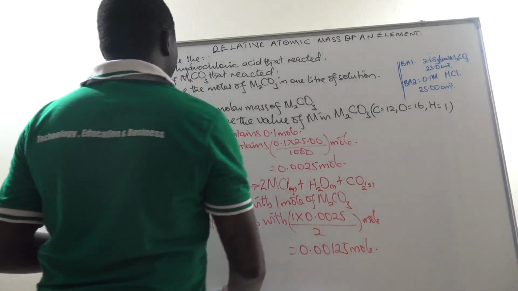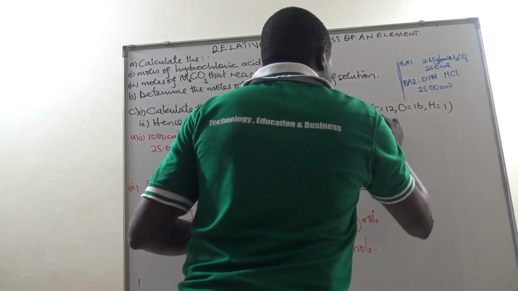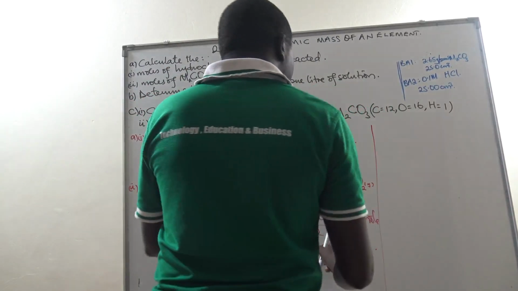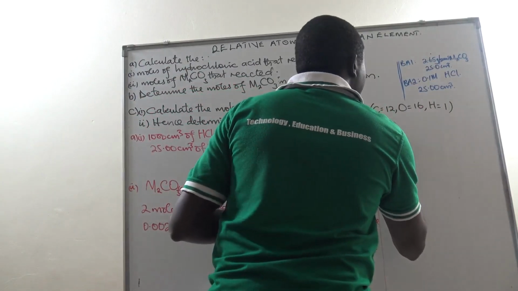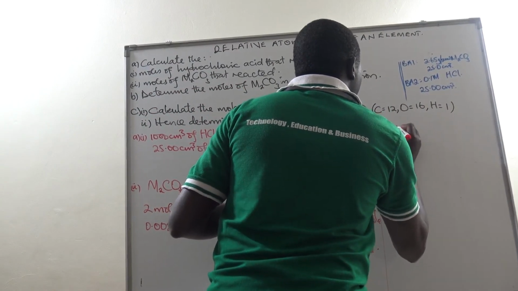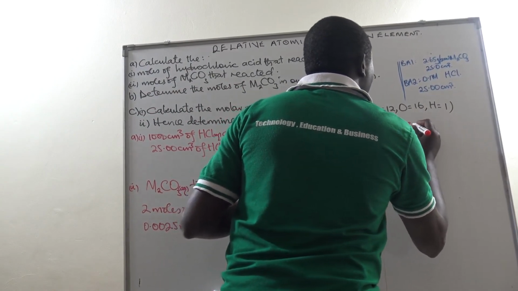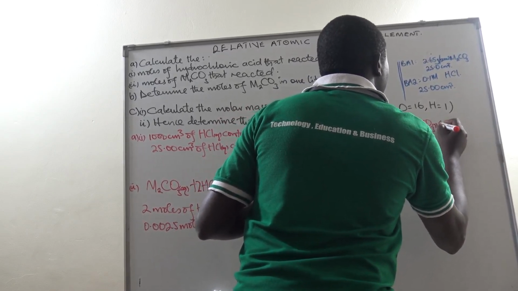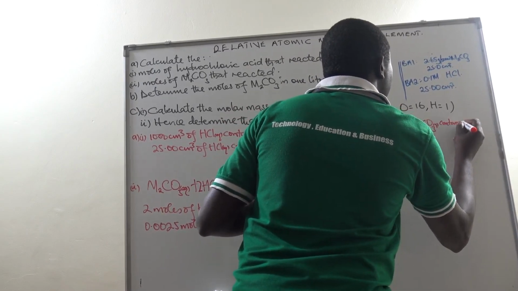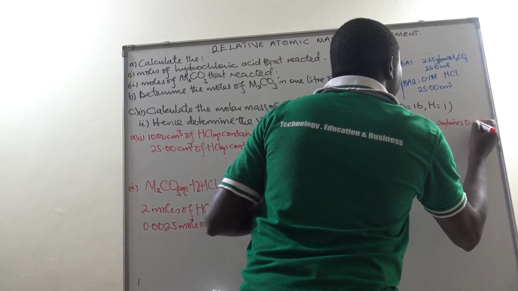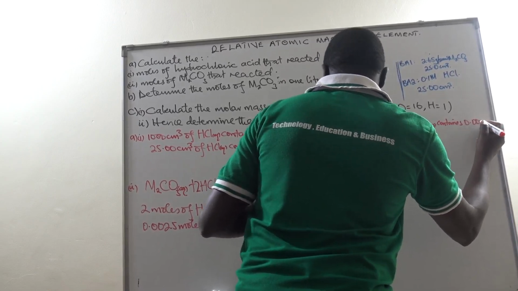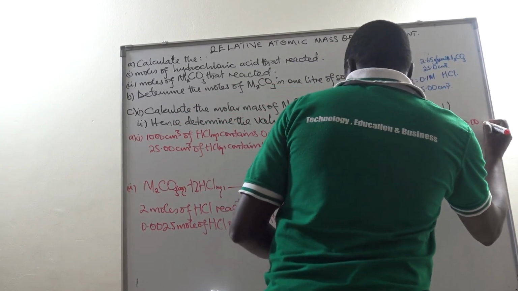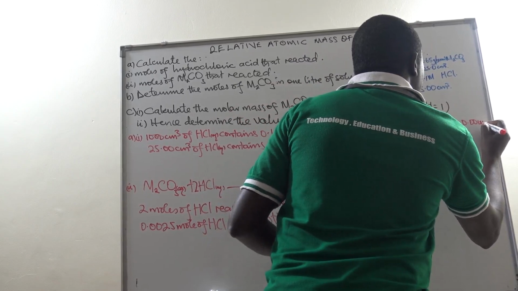And then let us go ahead and get the molarity. That's the number of moles in 1 liter. This is the molarity. So this is the number of moles which is in this volume here. We say 25 cubic centimeters of the solution of M2 carbonate contains 0.00125 mole.